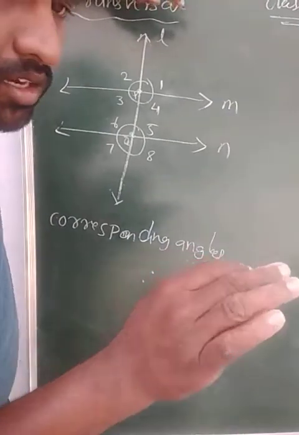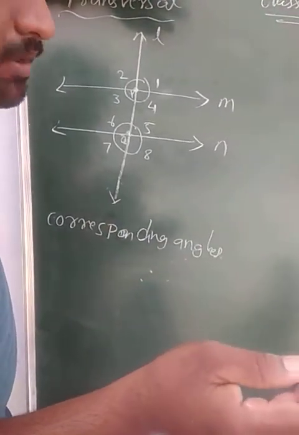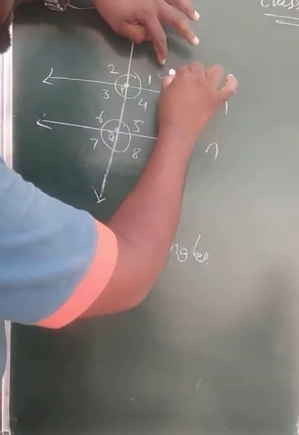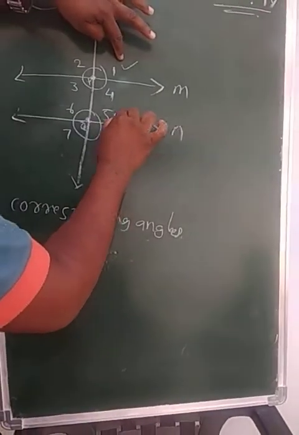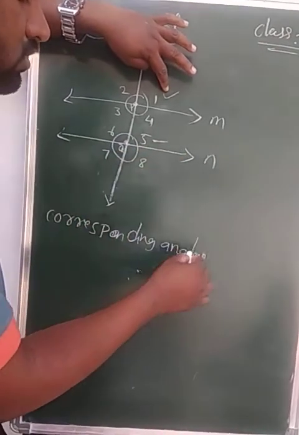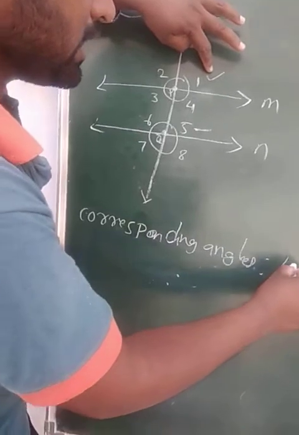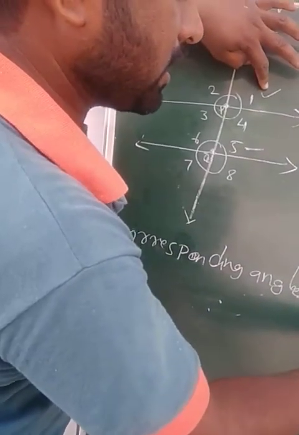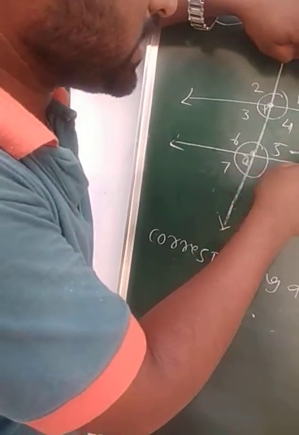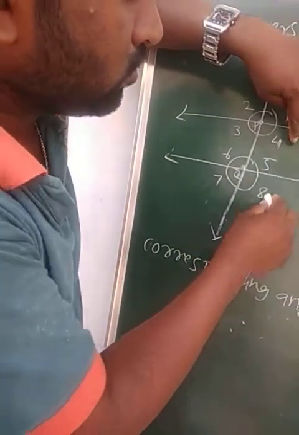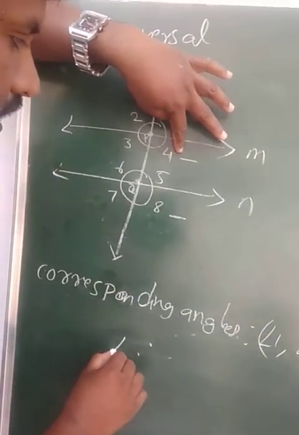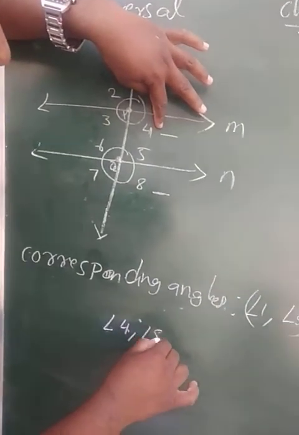The angles are non-adjacent angles, and as well as one is exterior and one is interior. So see here clearly angle 1 comma angle 5. These two are corresponding angles, and as well as see one is interior and one is exterior. Angle 4 comma angle 8.